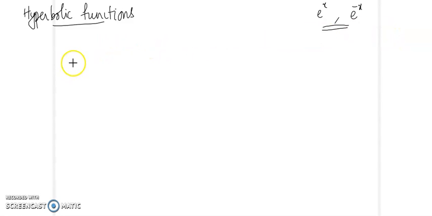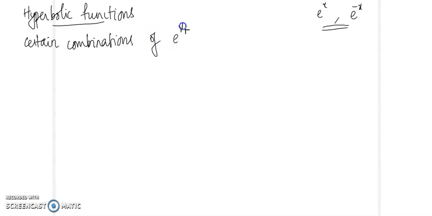So let us define hyperbolic functions in today's class. Certain combinations of e raised to x and e raised to minus x are called hyperbolic functions.